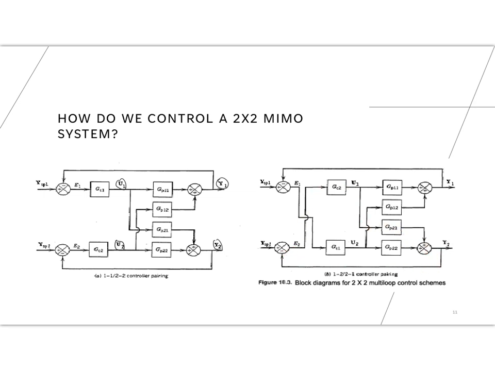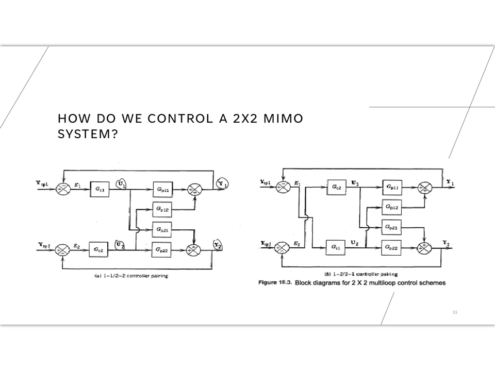U2 goes through the process, I measure, compare to the set point, send it to the controller, and go through this loop again. So my primary loop is a little bit odd shaped. That's the 1-2, 2-1 pairing.